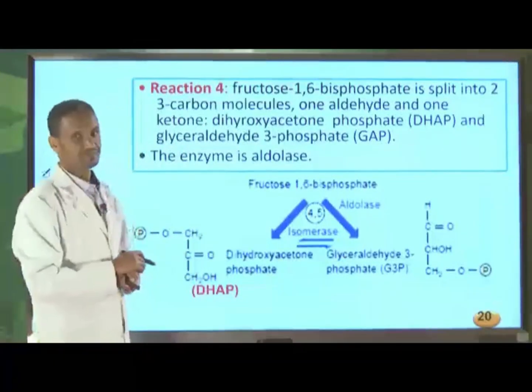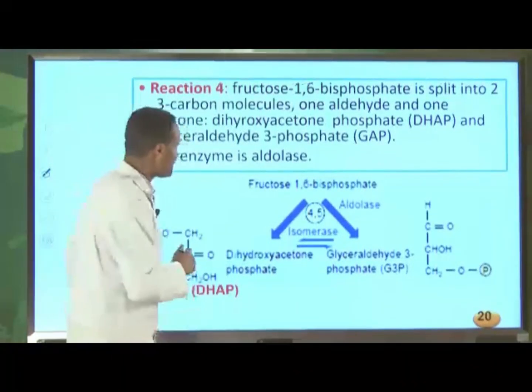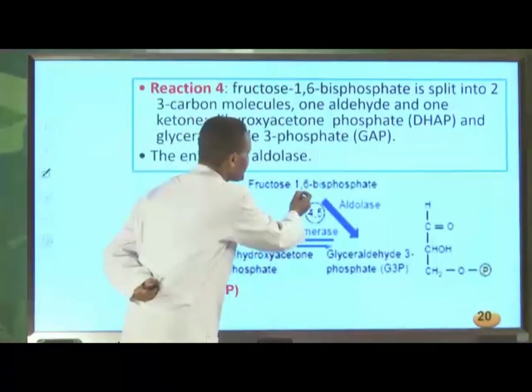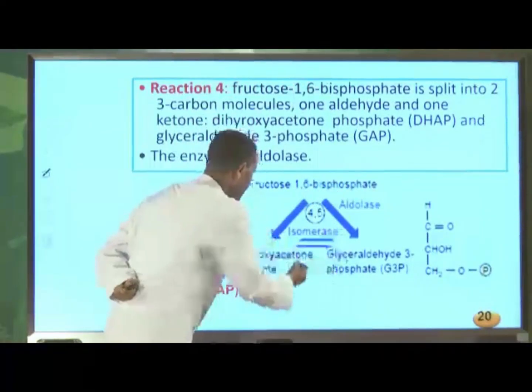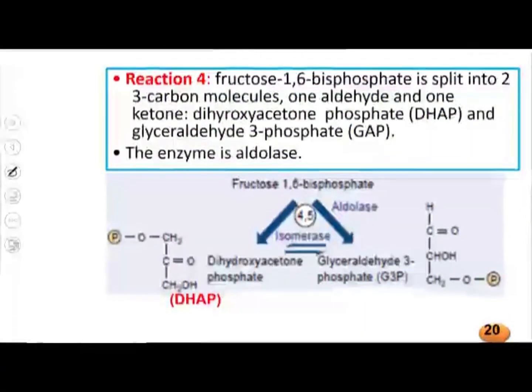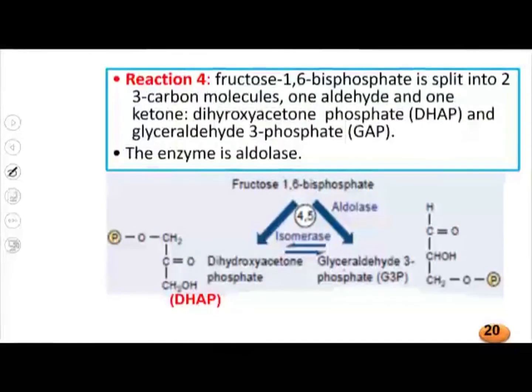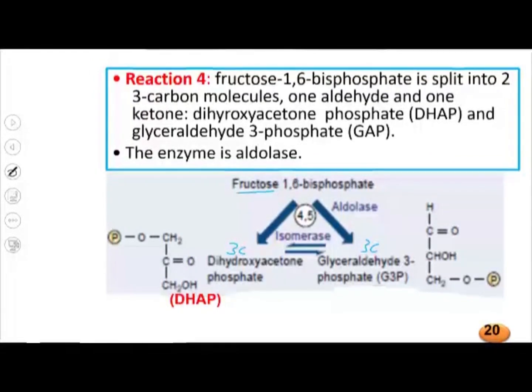Reaction 4: the fructose 1,6-bisphosphate is converted into 3-carbon compounds, which are dihydroxyacetone phosphate and glyceraldehyde 3-phosphate. Both dihydroxyacetone phosphate and glyceraldehyde 3-phosphate are 3-carbon compounds. But you know that fructose is a 6-carbon compound.